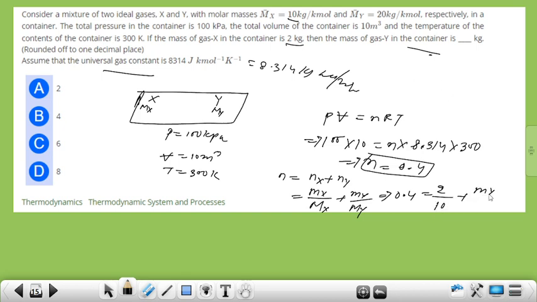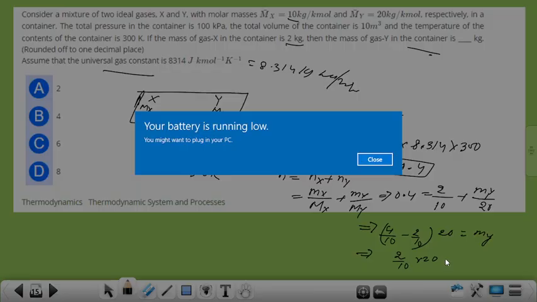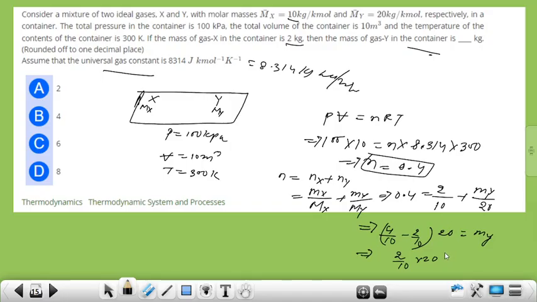My we have to calculate, and molar mass of Y is 20. So after calculating, 4 by 10 minus 2 by 10, whole into 20, is equal to mass of Y. This is 2 by 10 into 20, so My is equal to 4 kg.